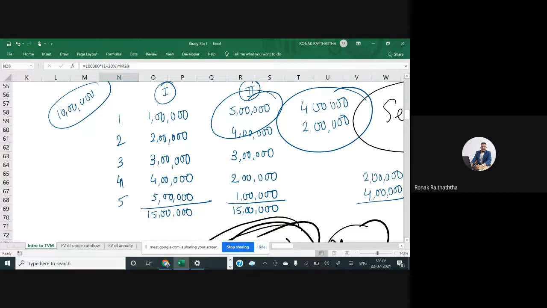Another perspective to look at the time value of money is from the perspective of inflation. Money is losing its value over a period of time. What we could purchase with 1 lakh rupees in 1990 is not possible to purchase today with the same 1 lakh rupees. Just a few days before, there was a tweet by Mr. Anand Mahindra that the Ambassador car was costing somewhere near 6 to 7,000 rupees in the 80s.